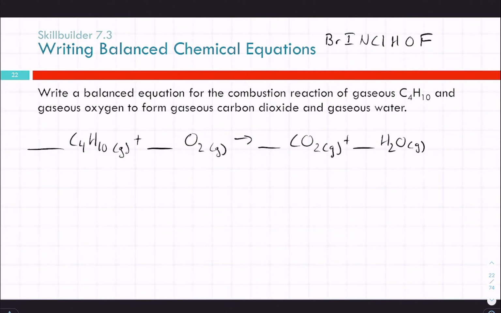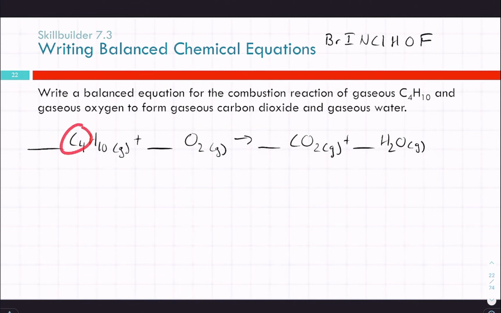So what should we start balancing first? So we balance free elements last, actually. Because if we balance everything else first, when we get to oxygen, all we have to do is change the number of these oxygens. So that makes it really easy. So we want to look for something that's only in one compound on either side.